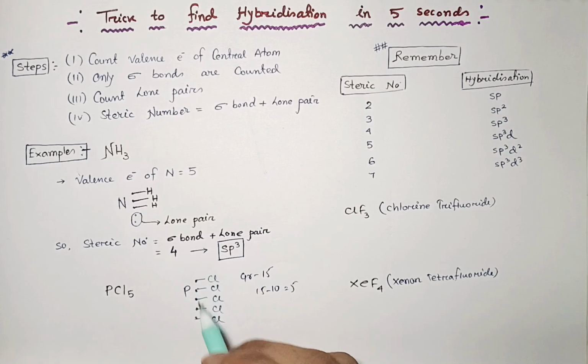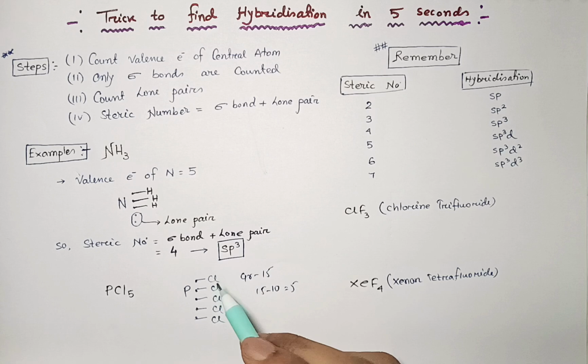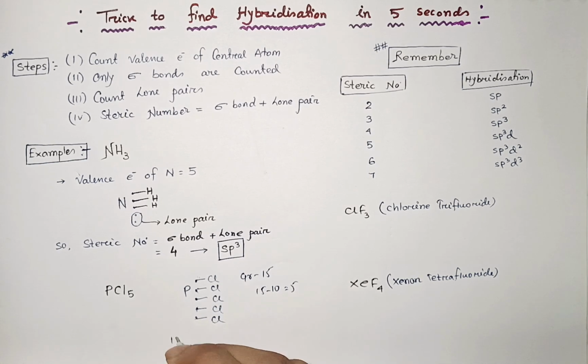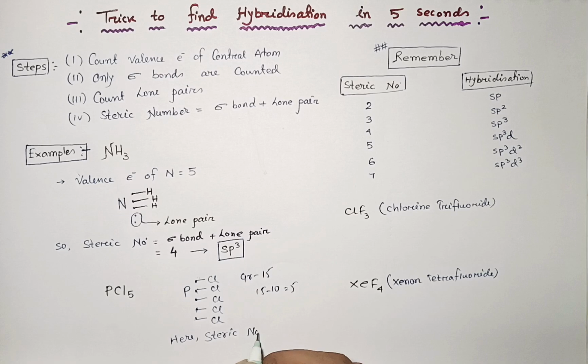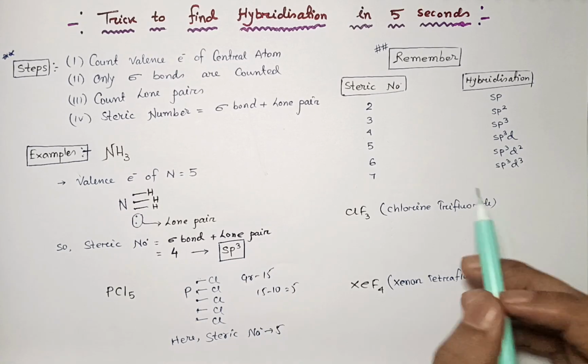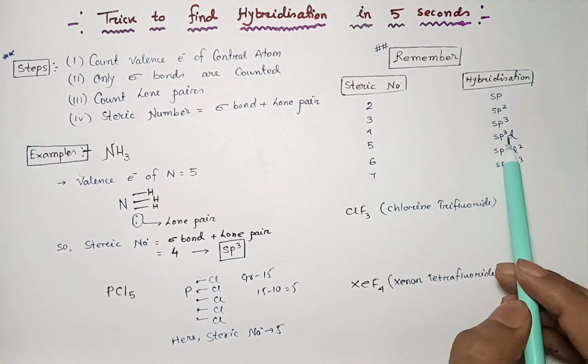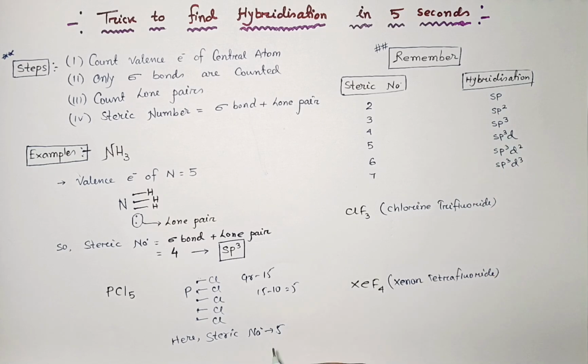So 5 valence electrons are used up in making bonds. So here the steric number is 5, and for the steric number 5 we have sp3d as the hybridization. So the hybridization is sp3d. You can see that this is a very simple trick, and if you practice this trick regularly, then you will be able to crack any hybridization problem within a second.